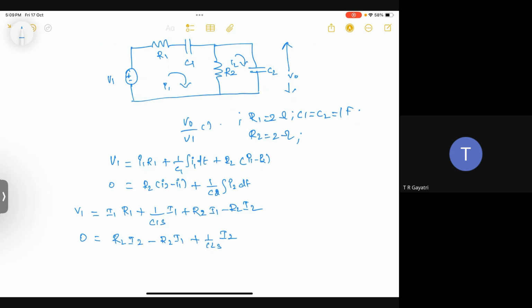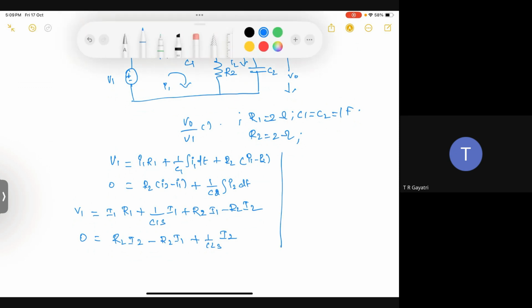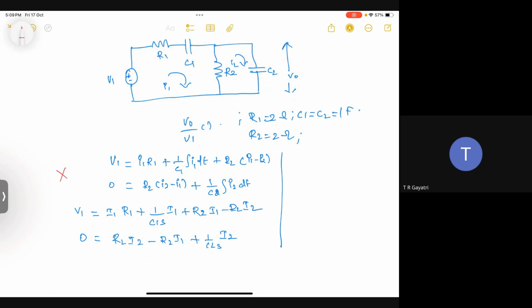I want in terms of V naught, right? If we solve like this, I will get it in terms of I. So if I want to get it in terms of V naught, this method cannot be used. Although it is right, this won't lead you to the answer you want. So we have to do voltage division rule.